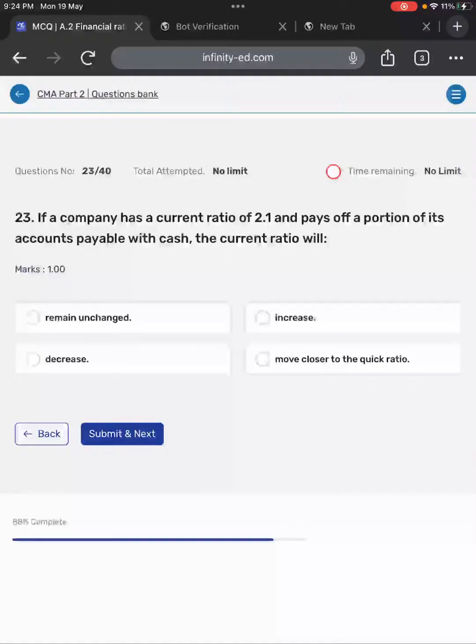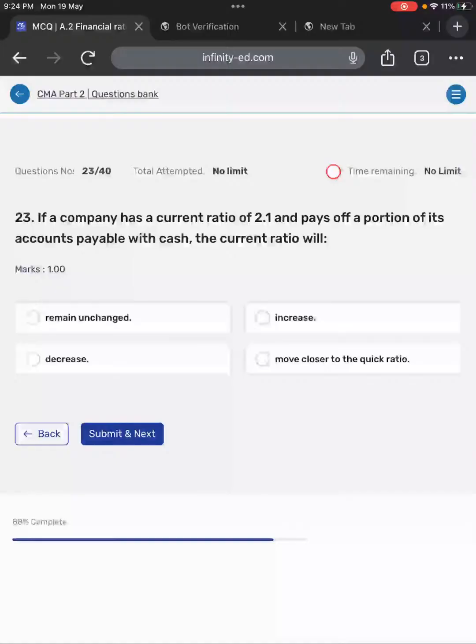If the ratio is more than 1, then to increase the ratio, pay the liability. If the ratio is less than 1, to improve the ratio, buy on credit or sell on credit, that will increase your ratio.